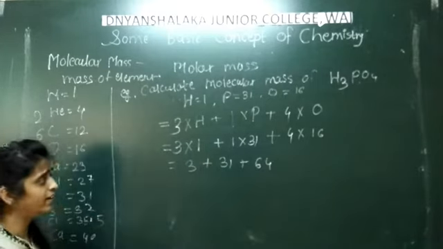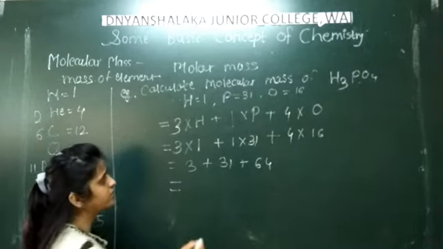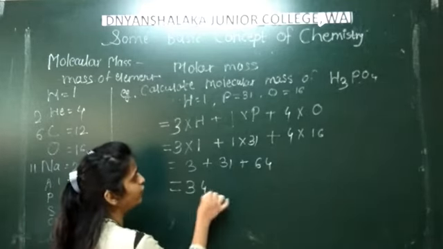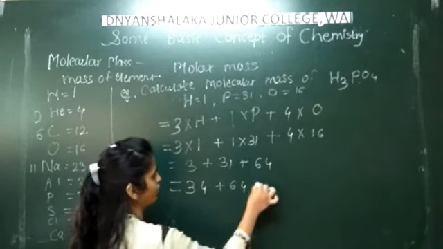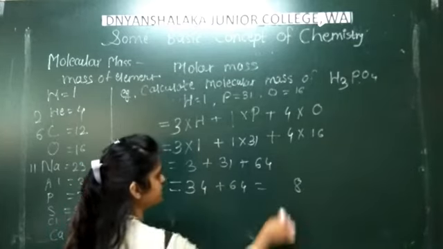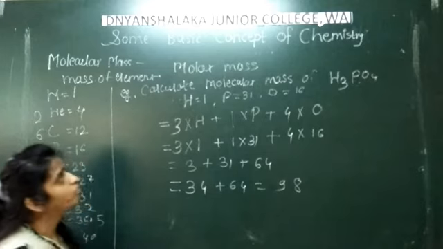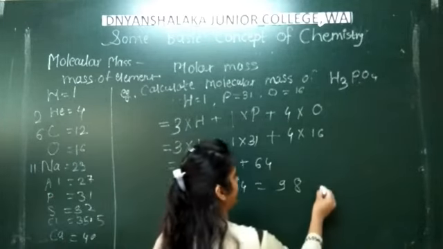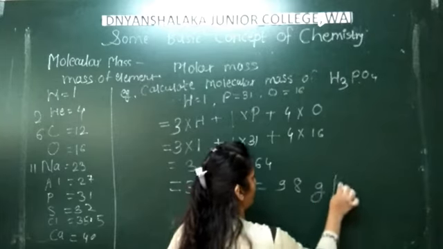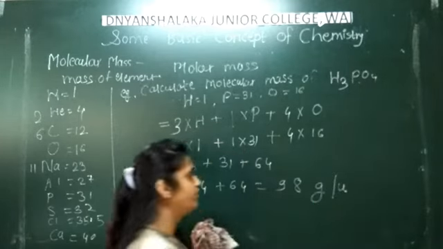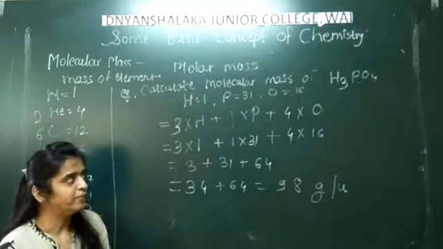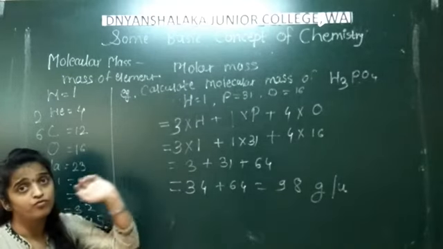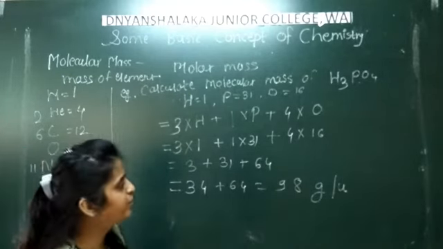Adding these, 31 plus 3 is 34, plus 64 is 98. So the molecular or molar mass of phosphoric acid H3PO4 is 98 gram or U, where U means unified mass.